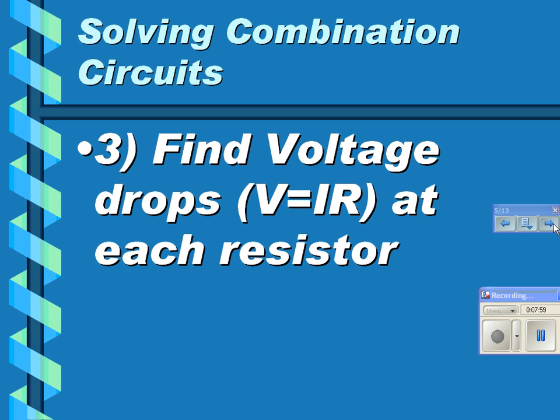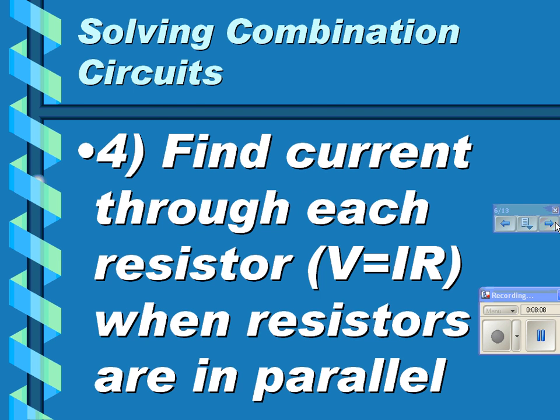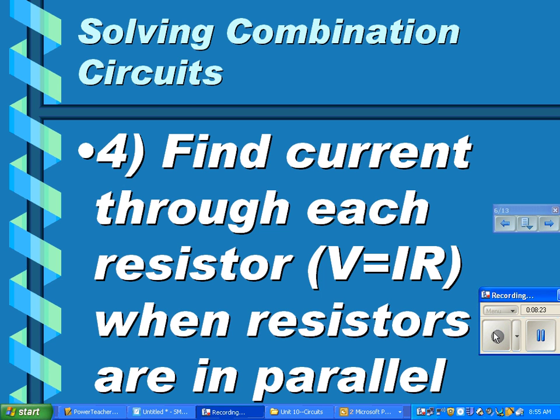Once you've found the voltages used at each resistor, you can then do the final step, which is finding how much current flows in each path if you have more than one path. If you have a parallel section, you can then solve for how much current goes through that section. Because remember, if it's in series, if it's just one path, that's equal to the total current, which we've already figured out anyway.